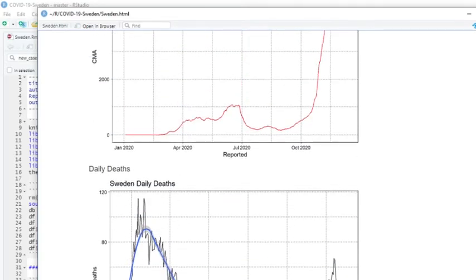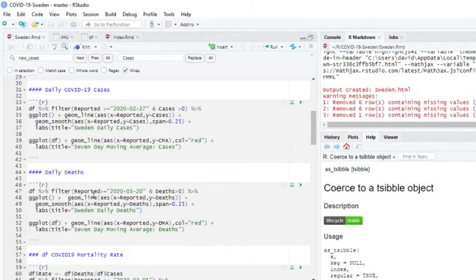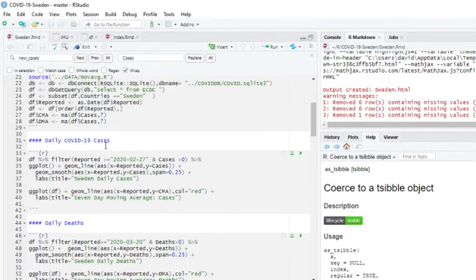Oh, wait a minute there. That's not right. Deaths. Something doesn't look right here. Okay.